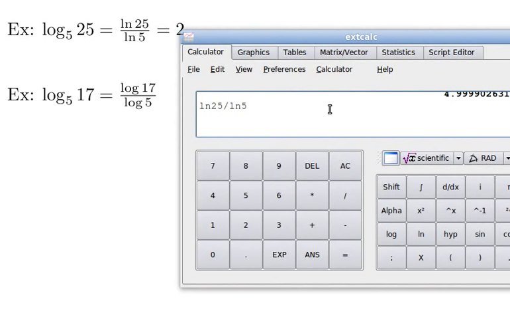I meant to use natural log, but again, it doesn't really matter, just as long as it's the same on the top as it is on the bottom. Just so you know, most calculators will open parentheses here, and if they do, you want to make sure you close parentheses, especially on the TIs. If you have log and it says open parentheses 17, and you don't close that parentheses, it will give you something completely different.